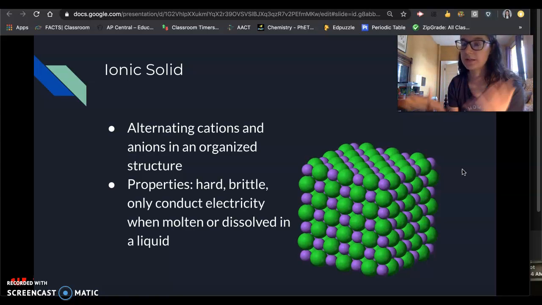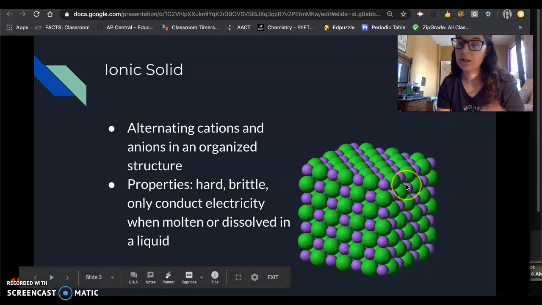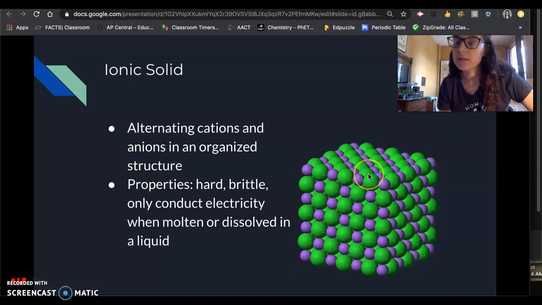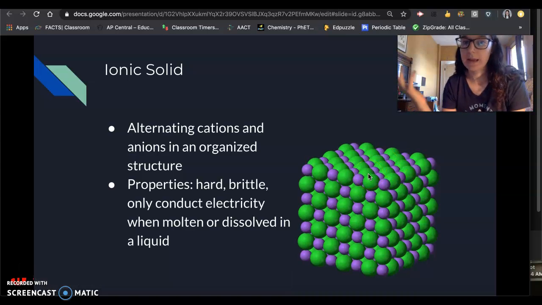There are also polyatomic ions that can be part of the ionic solid as an anion or a cation. So this is an image of sodium chloride, NaCl, but this could easily be representative of an ionic solid with a polyatomic ion in it as well.